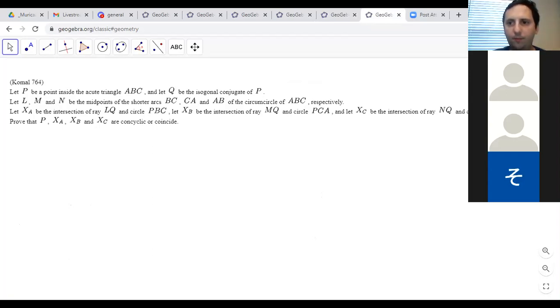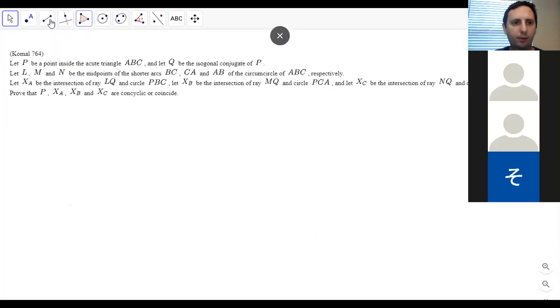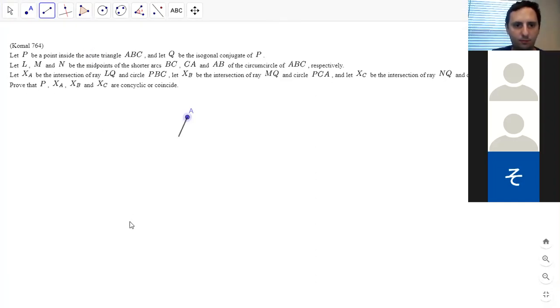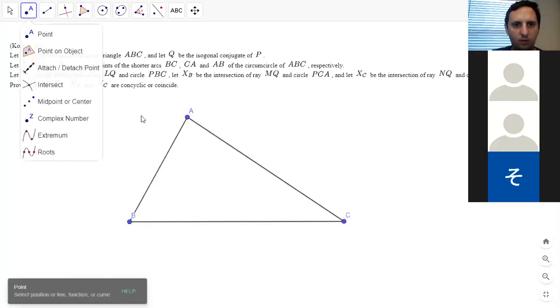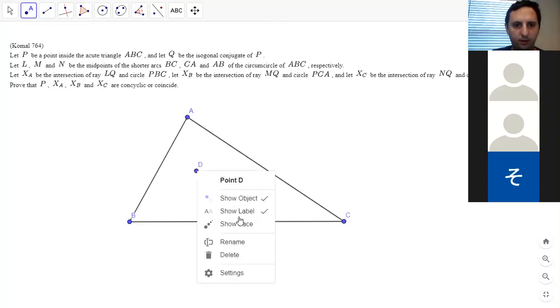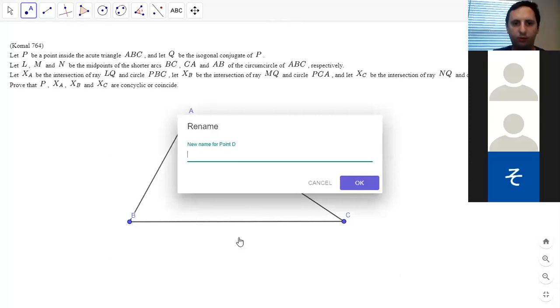So we have a point inside triangle ABC, and then we have its isogonal conjugate. So P is the point. What if I just draw the pedal circle?